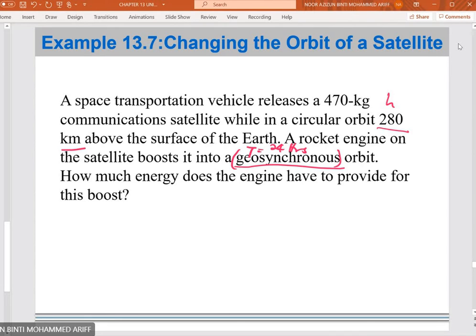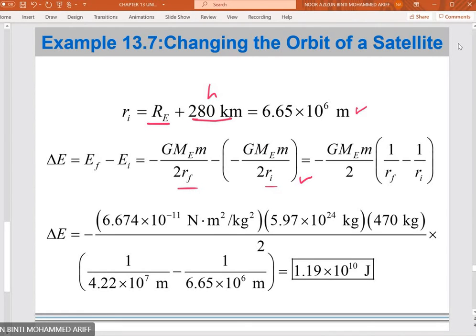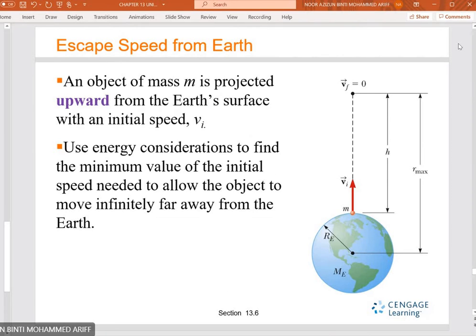I don't know how it is in the UAE. Okay, next we have our escape speed from Earth. So we have another condition or concept regarding when the object moves away from the Earth with a certain initial velocity that achieves our escape speed of Earth, then the object will no longer have a tendency to be attracted back to the Earth.